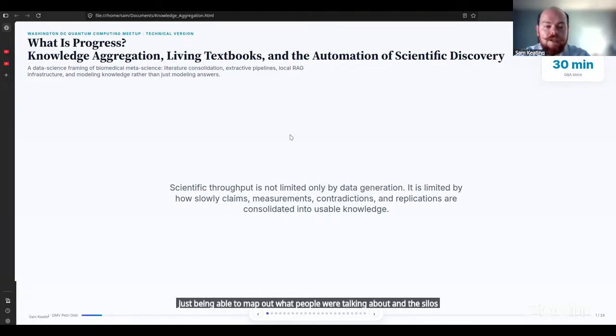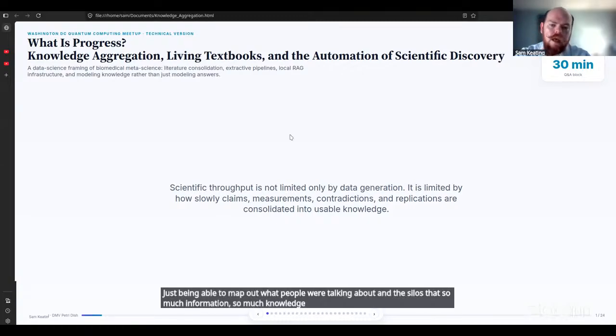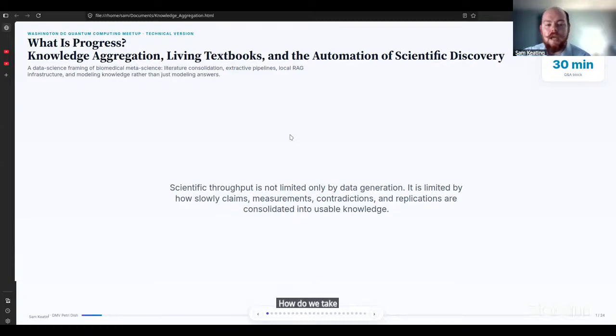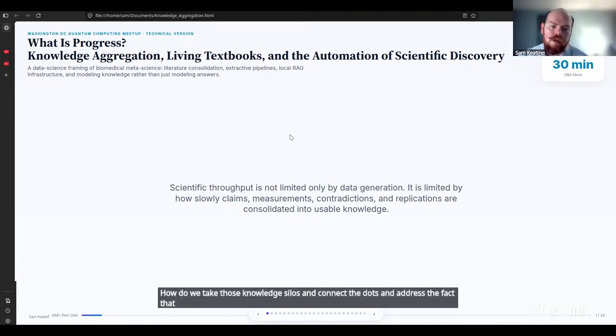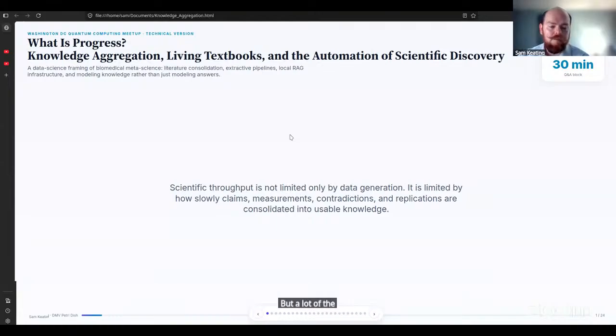So much information, so much knowledge gets siloed. How do we take those knowledge silos and connect the dots and address the fact that search is still an unsolved problem and there's a lot of progress left to go? But a lot of the solution frameworks that could be very feasible, you don't have to invent from scratch or build from nothing.